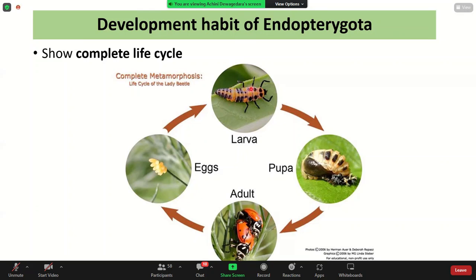The larva will consume tissues, and after some time it will develop into a pupa. Pupa is a completely different stage where the larva is hibernating.